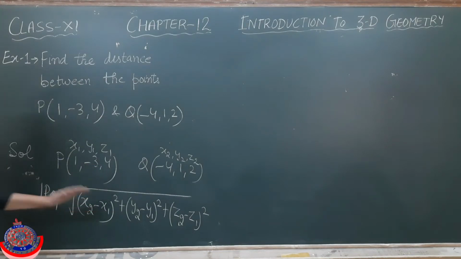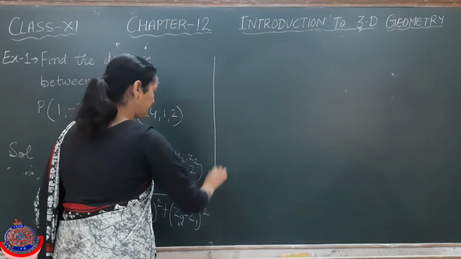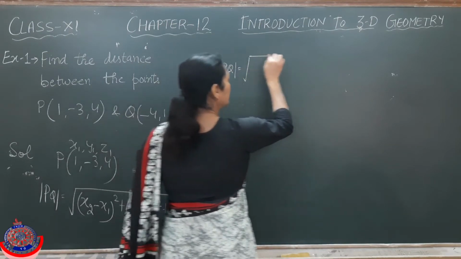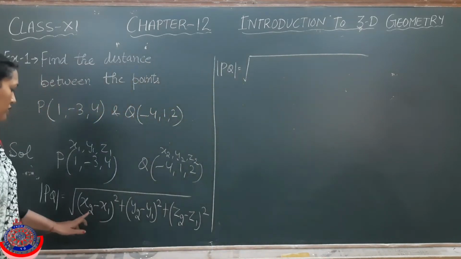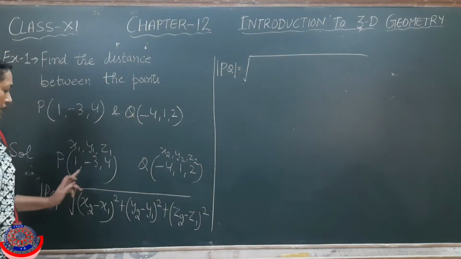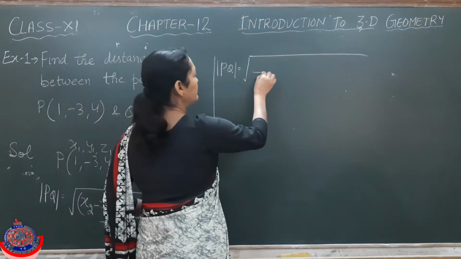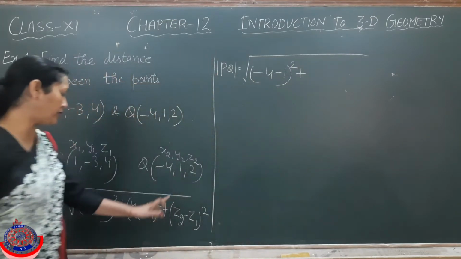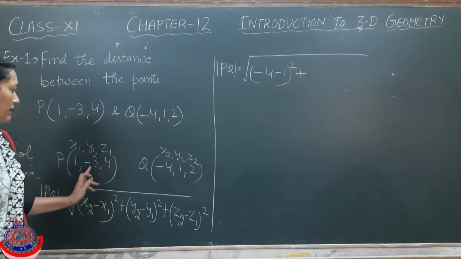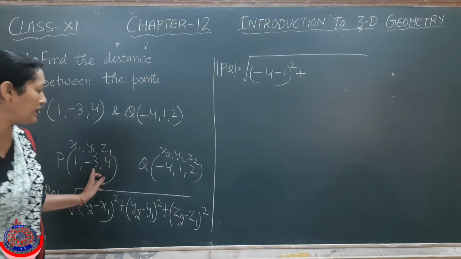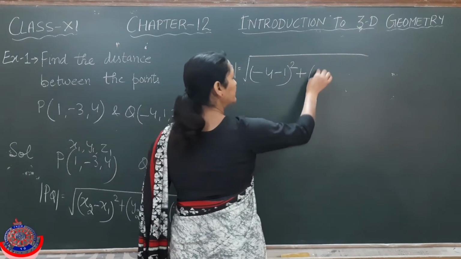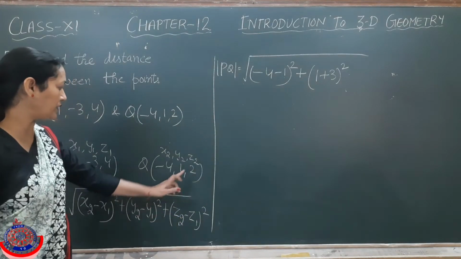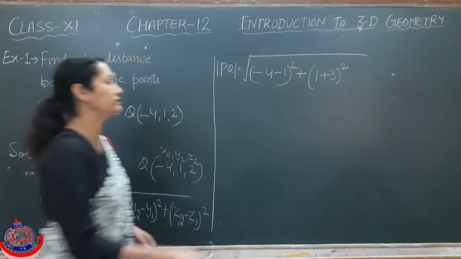Now just inserting the values in this formula, we will be having PQ as x2 minus x1, minus 4 minus 1 whole square, plus y2 minus y1, 1 minus minus 3, so it will be plus. So it will be 1 plus 3 whole square. Then z2 minus z1 whole square, 2 minus 4.